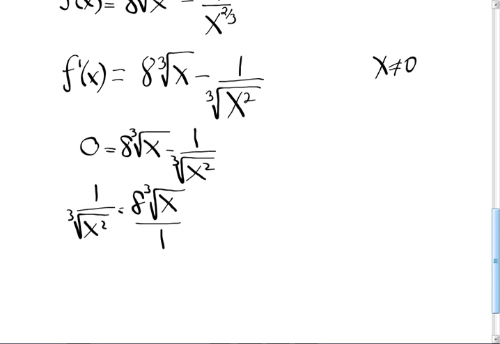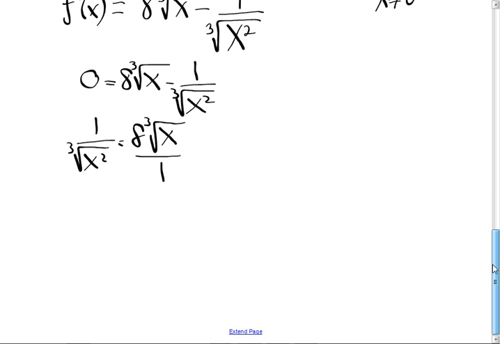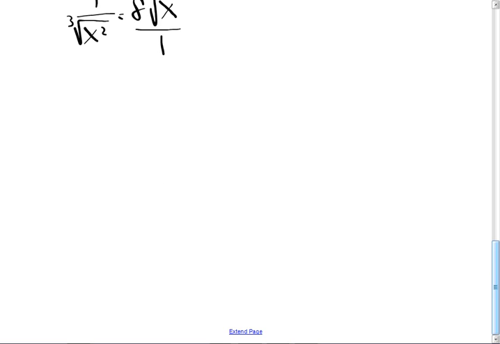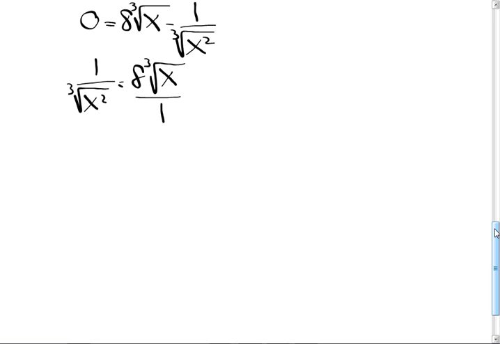How do you solve a proportion? Yes, you do. That's why I like it. You cross multiply. Well, you just multiply them together. So I've got 8 times the cube root of x times the cube root of x squared equals 1.